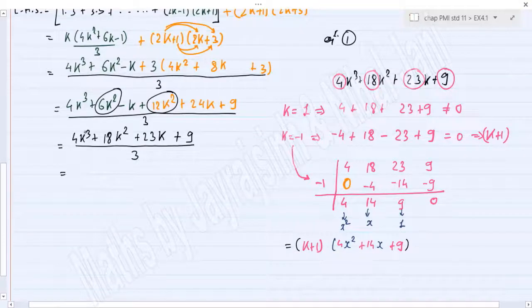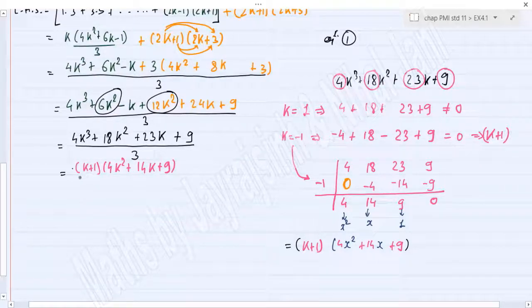So instead of 4k cube, 18k square and 23k plus 9, it will be k plus 1 into 4k square plus 14k plus 9, whole divided by 3, which is your right hand side.